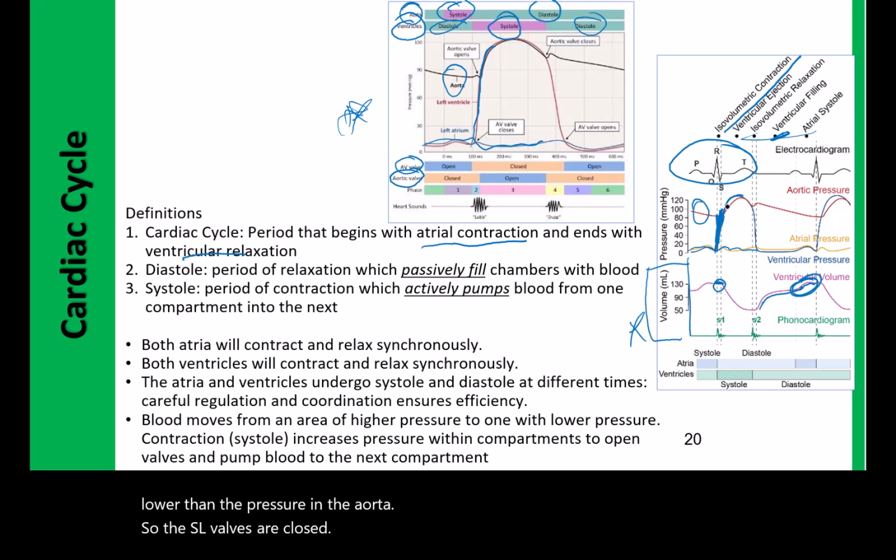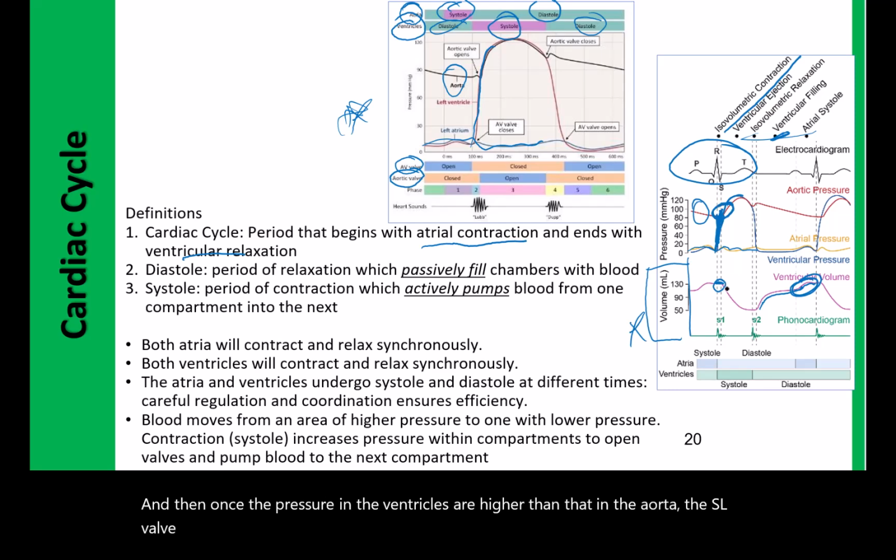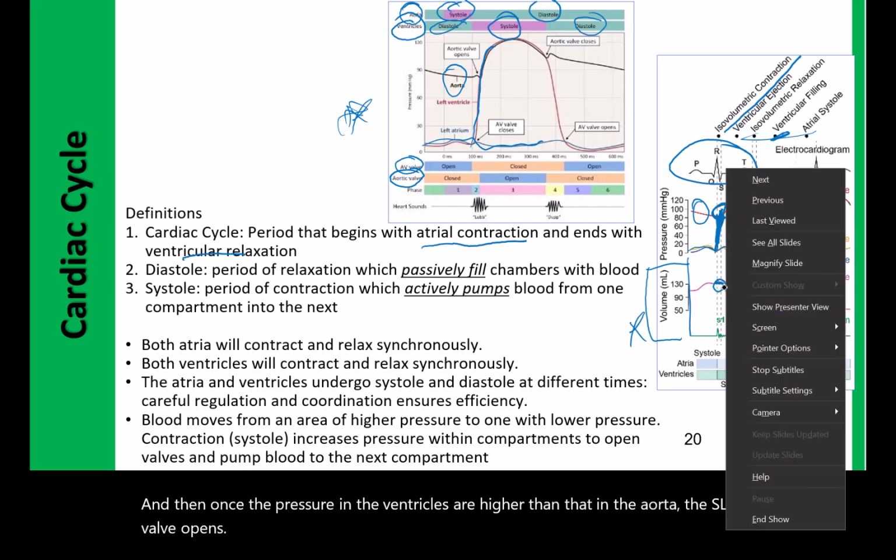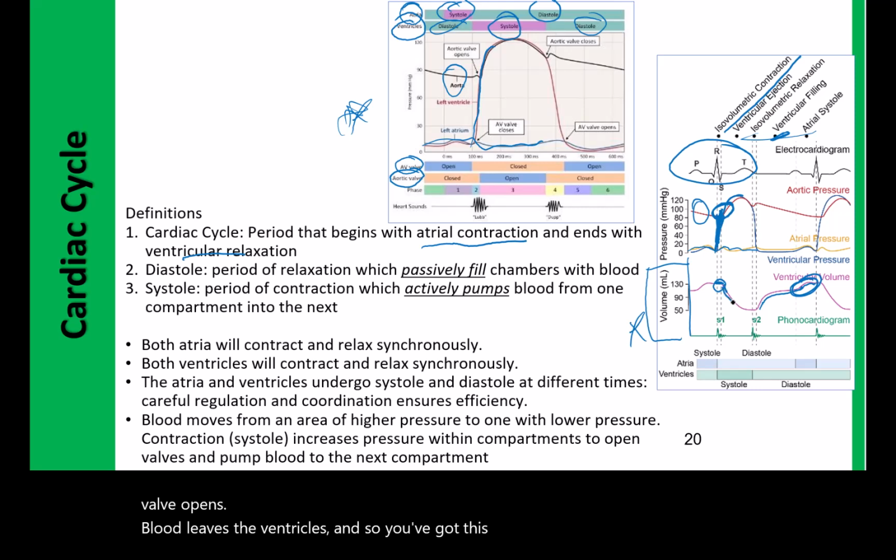Then once the pressure in the ventricles is higher than that in the aorta, the SL valve opens and blood leaves the ventricles, so you've got this drop in blood volume in the ventricles until the pressure in the ventricles is lower than that in the aorta, and then the SL valves close, right? And so you've got there.